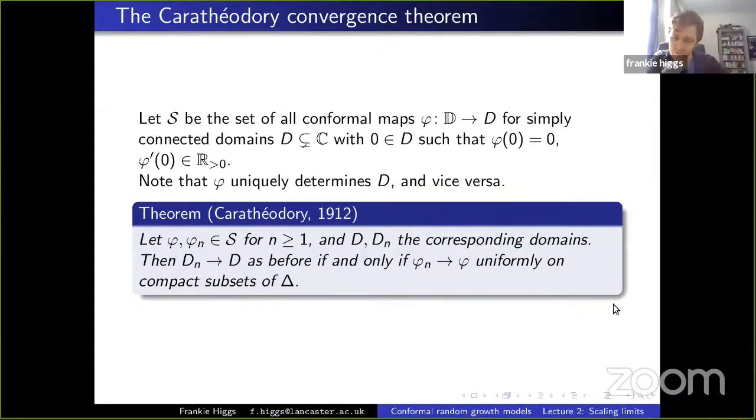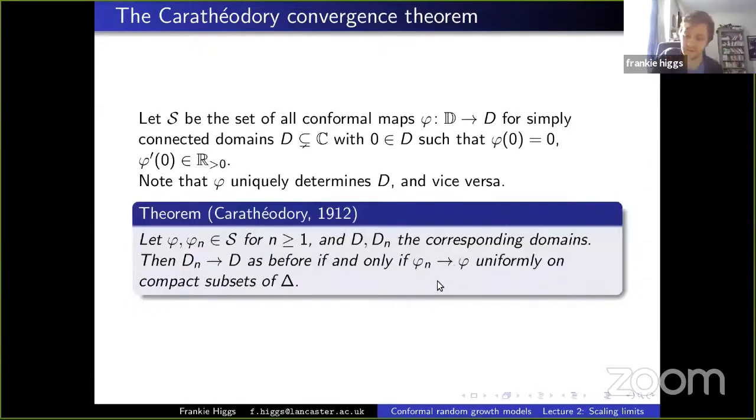So we've turned a slightly obscure and difficult to work with notion of convergence of domains into a very well-known notion of convergence of maps. Converging uniformly on compact subsets is something fairly common in all kinds of analysis. So now I'd say we do have an idea of how to start proving this.